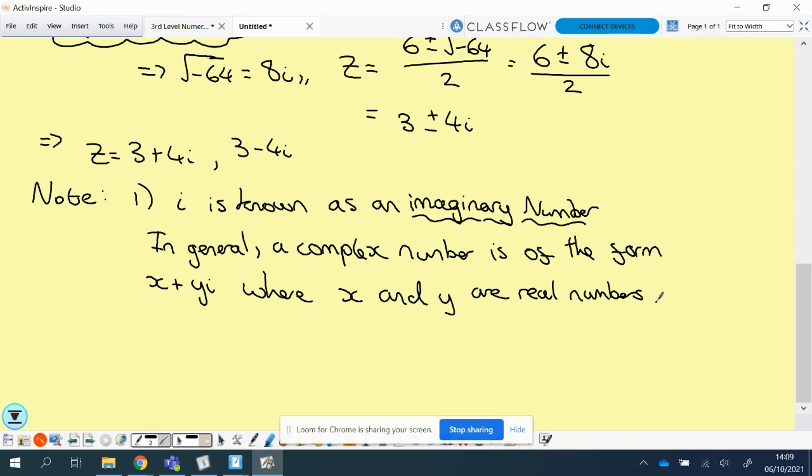In our case above, x would have been 3 and y would have been 4 or negative 4, depending on which version of the root we're talking about. So that's the first thing to note.